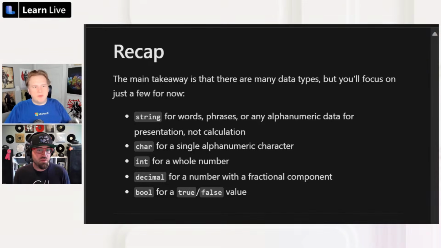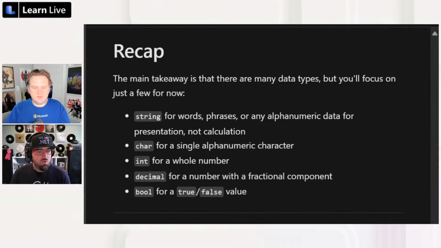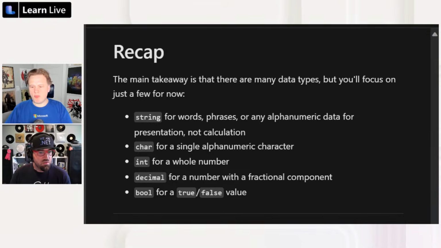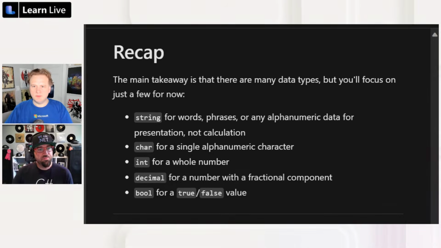We can use string for words and phrases, represented as a string literal. We can use char for single alphanumeric characters, int for whole numbers, decimals for a number with a fractional component, and bool, short for Boolean, for true or false values. Cool.